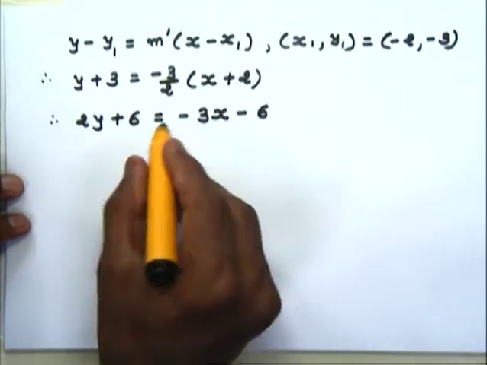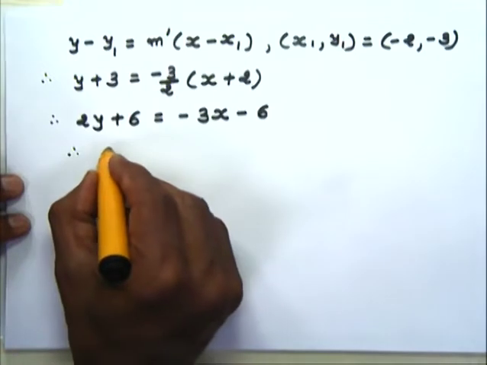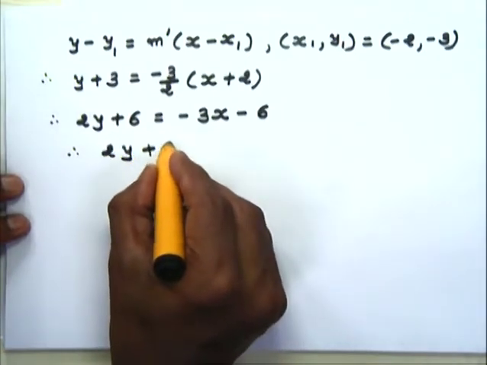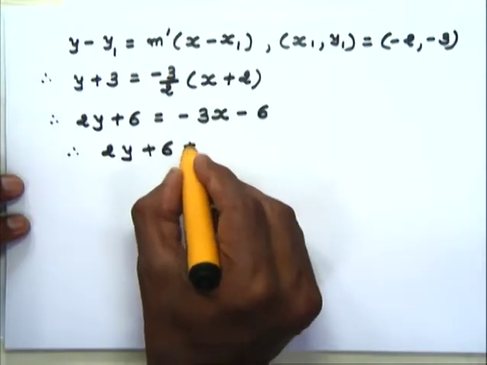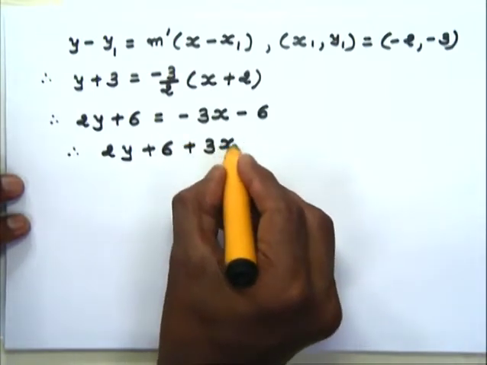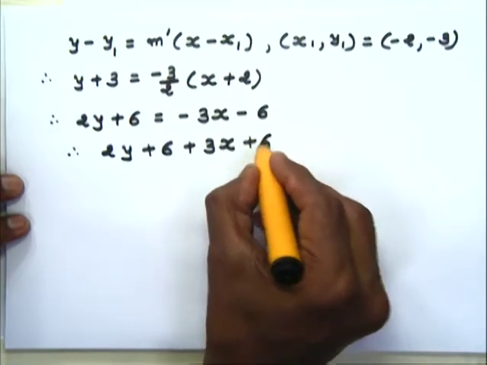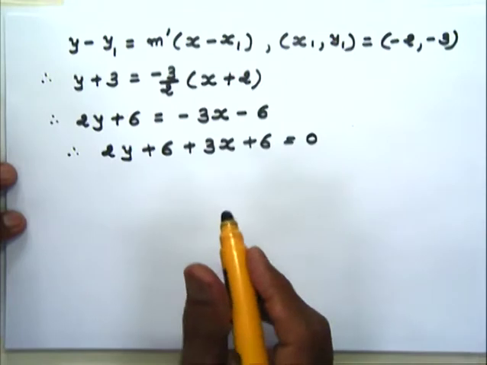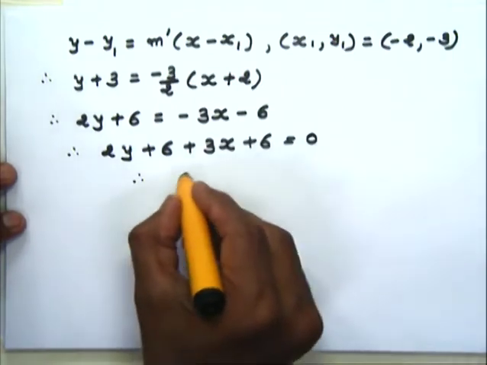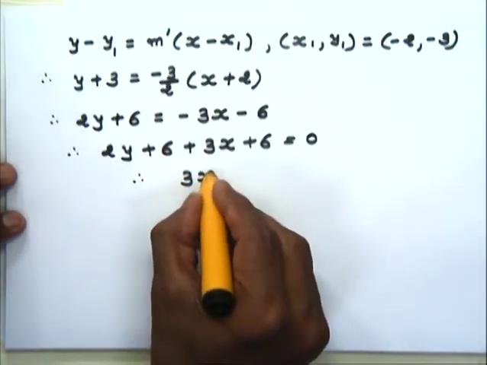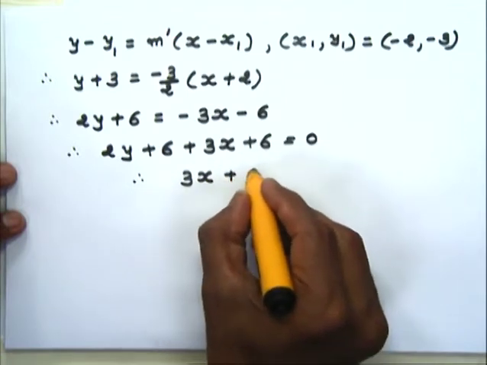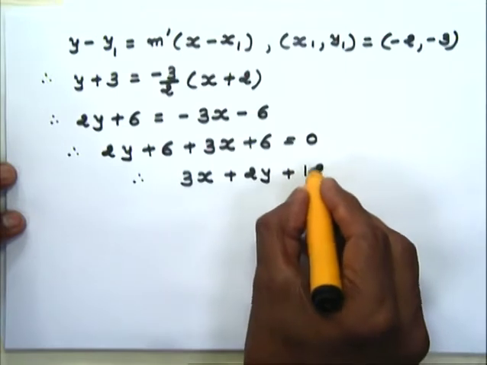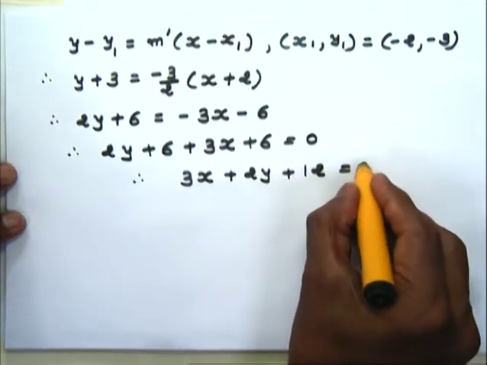Take all the terms on the left hand side. I get 2y plus 6 plus 3x plus 6, which gives me 3x plus 2y plus 12 equal to 0.